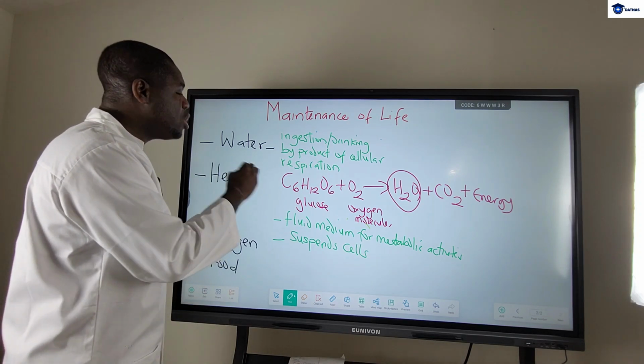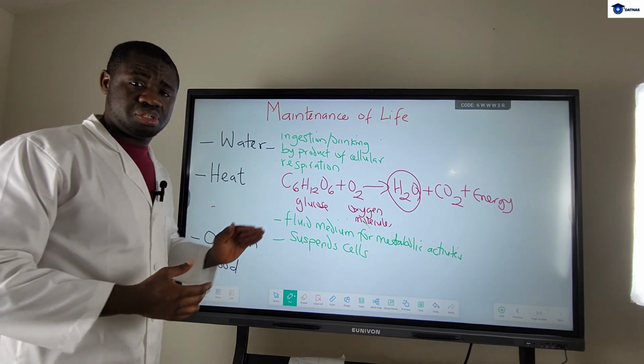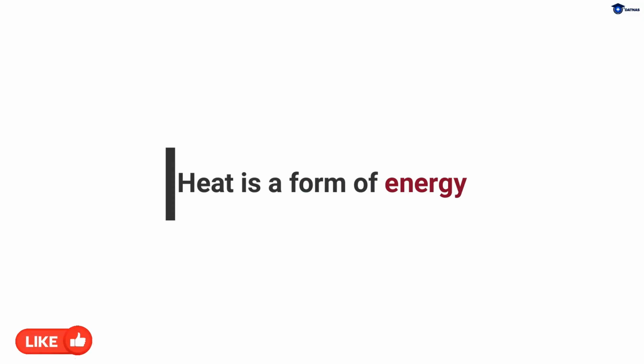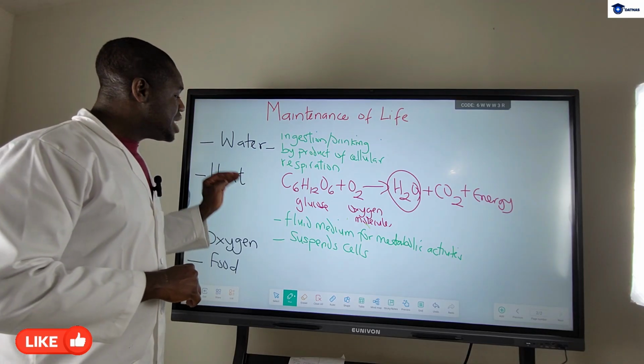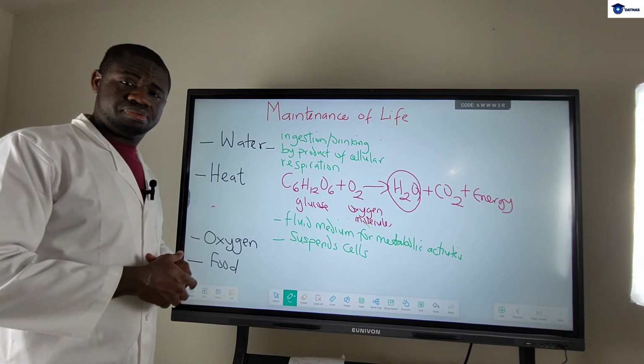That is, one of the sources of heat is the chemical reactions between the glucose and oxygen. And this heat is needed to maintain the body temperature.